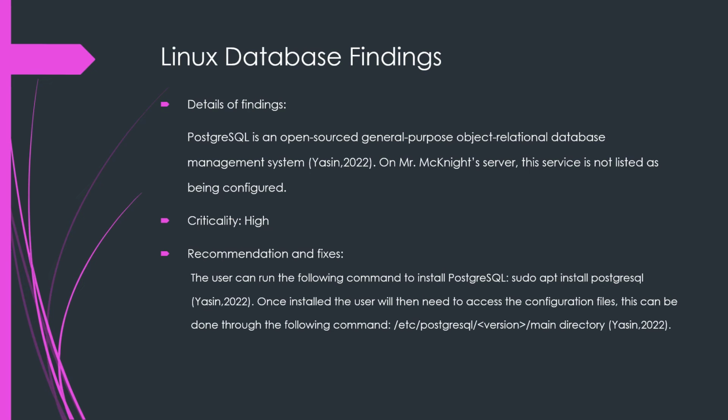Once installed, the user then needs to access the configuration files, and this can be done through the following command here. And once you're in those configuration files, you can add your settings into there, which should allow it to be read.